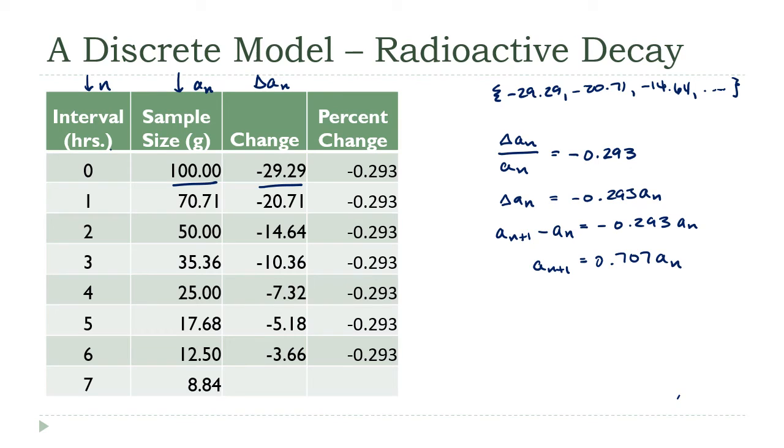All right, this equation, together with an initial value, for example, A sub 0 equals 100, gives us what's called a dynamical system, or a dynamical system model. Right? This gives us an algebraic analytic formula that describes the state of this system, the size of the samples over time.